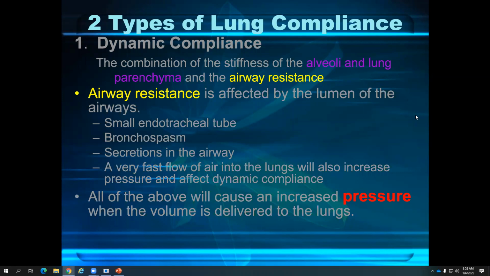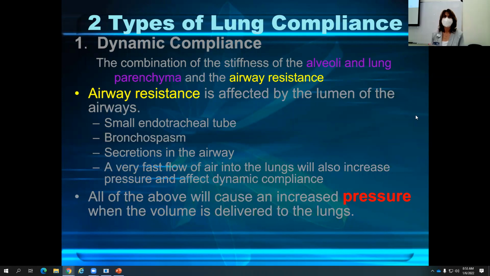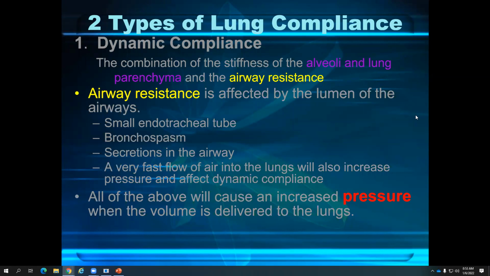I know it's hard to describe resistance other than using the word resistance, right? Yeah.